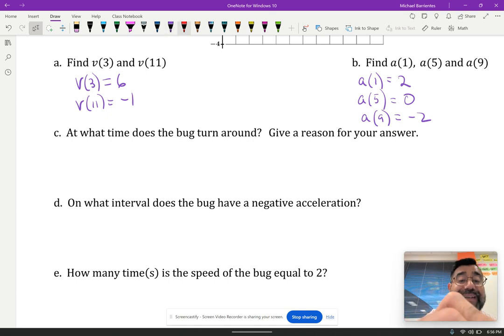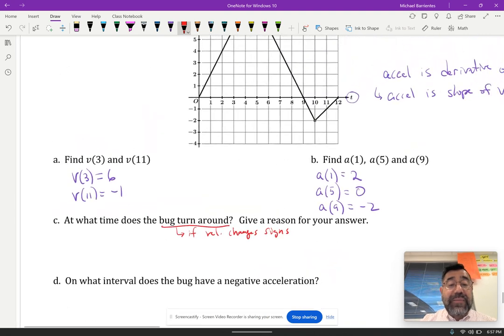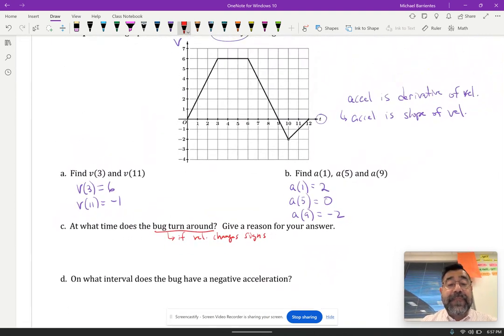Well, we said that we know the bug turns around if the velocity changes signs, if the velocity goes from positive to negative or from negative to positive. So when I'm looking at this graph, it is the velocity. So the velocity is positive, positive, positive, positive, positive, positive, positive, positive, positive, and then it's negative, negative, negative, negative, negative. So where does it change directions?